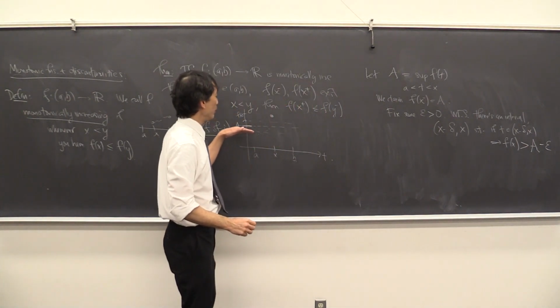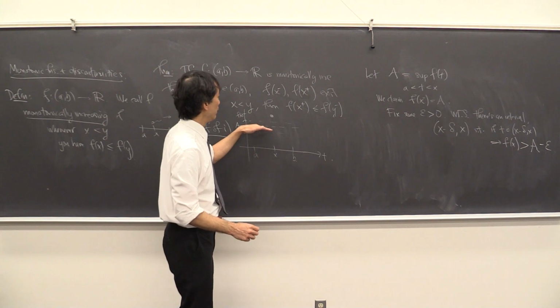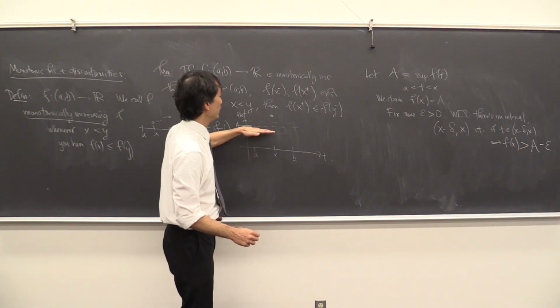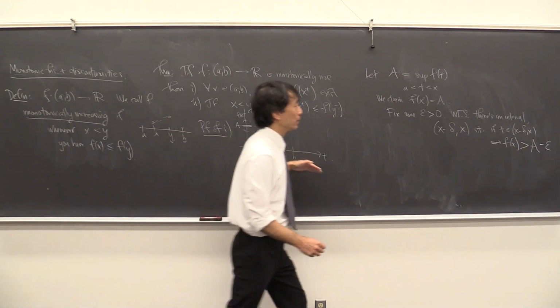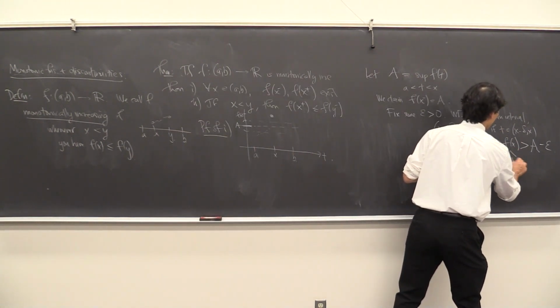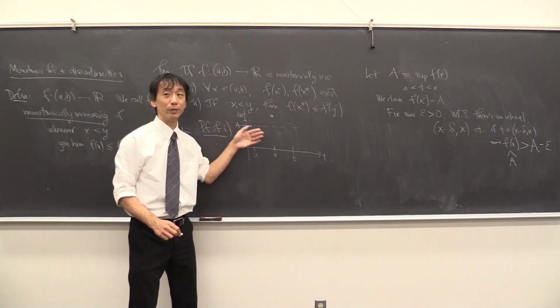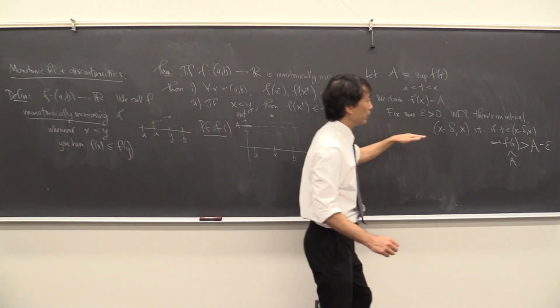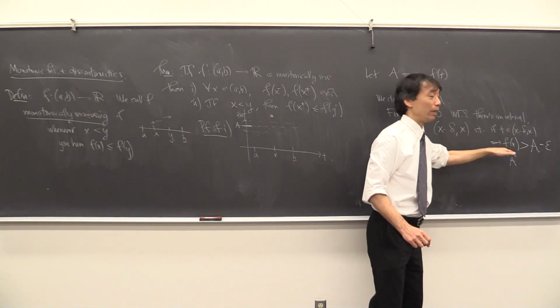We don't have to worry about the other side, because we know f of t is going to be smaller than A, since A is the supremum of those values. All we have to show is that f of t is bigger than A minus epsilon.